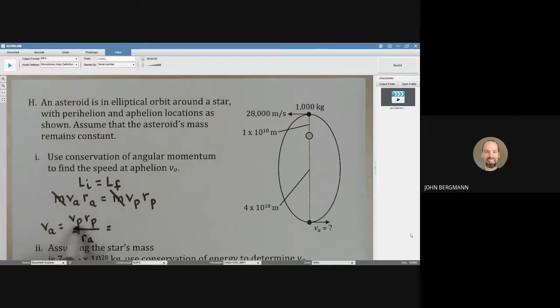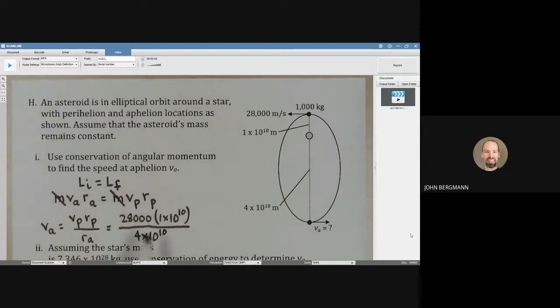The velocity at perihelion is 28,000. R perpendicular at perihelion is 1 times 10 to the 10th meters. I'm leaving the units off because I checked them. Meters, meters per second, kilograms, everything that's given is good. R perpendicular at aphelion is 4 times 10 to the 10th.